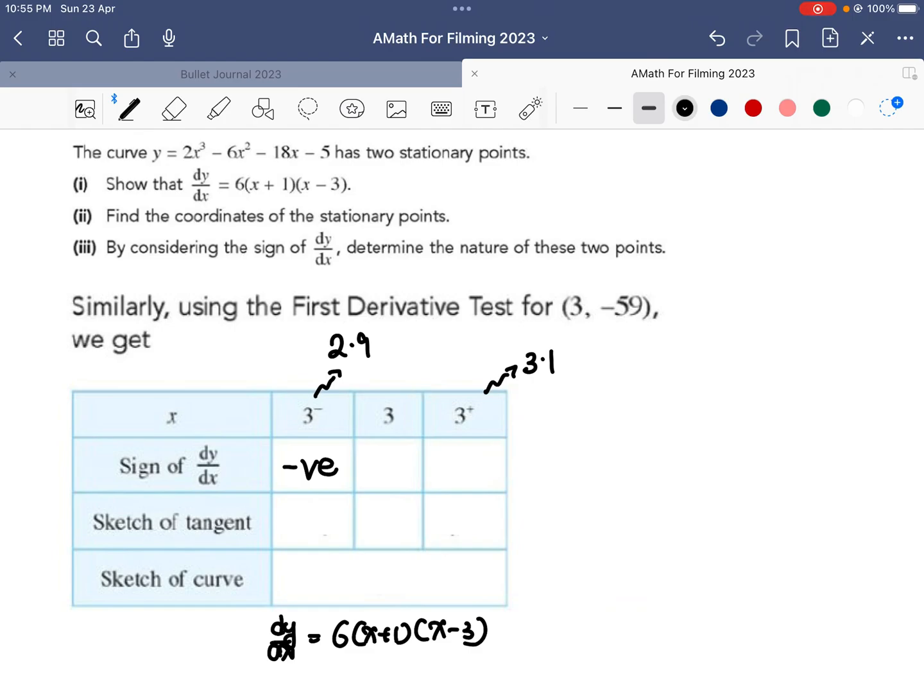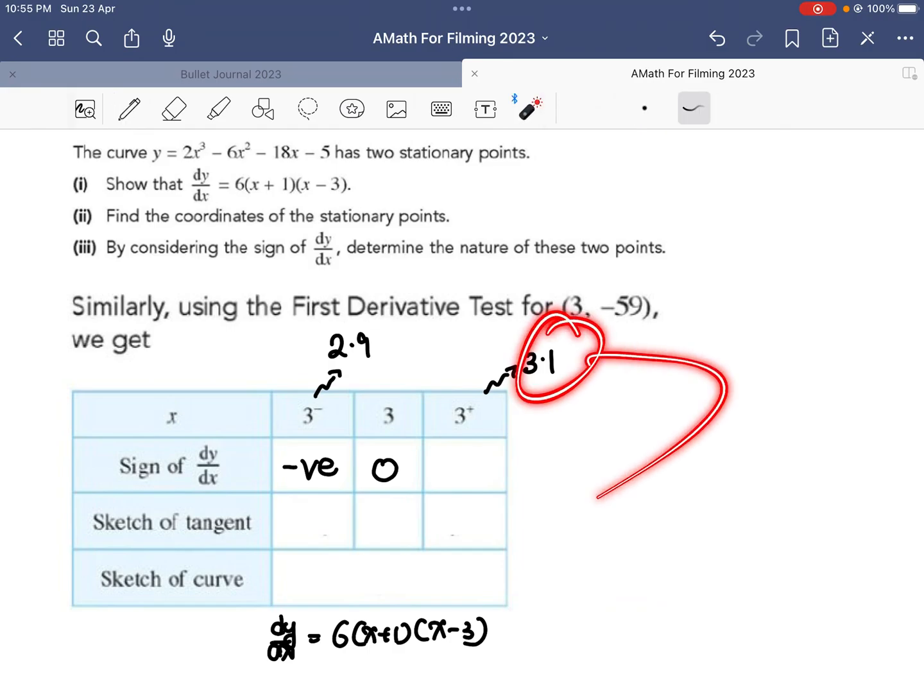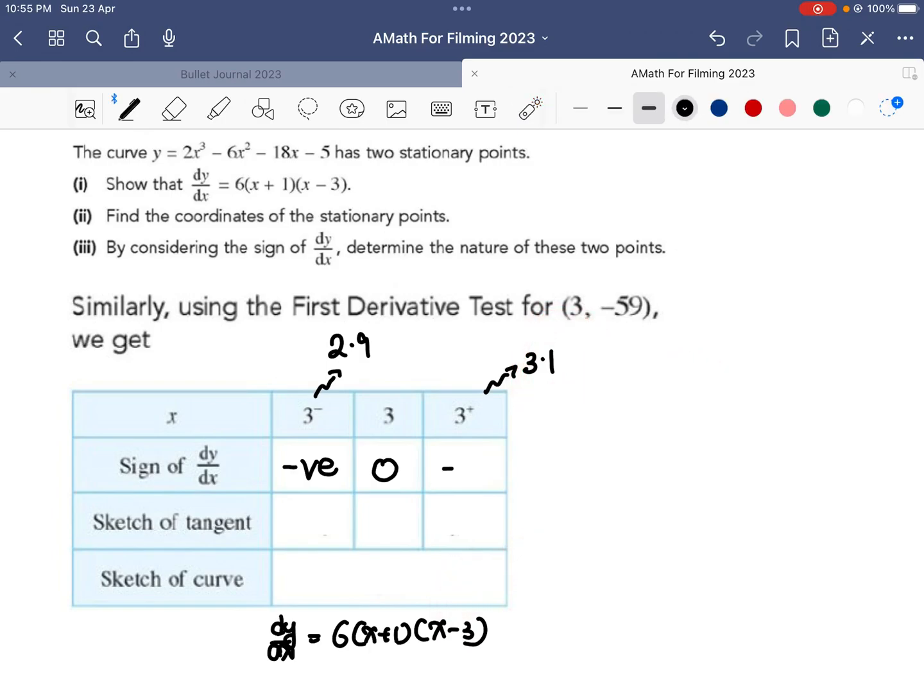At the point itself, this is a stationary point, so dy dx is 0. And if you use the value of 3.1 and substitute into the gradient function itself, you will find that in this case the sign of dy dx is positive. Now if I were to sketch my tangent, a negative tangent is a downward sloping line like this, a 0 tangent is a flat line, and a positive one is an upward line like this.